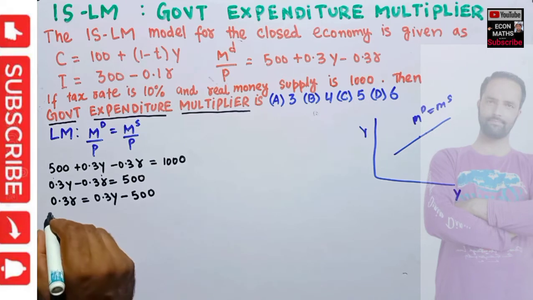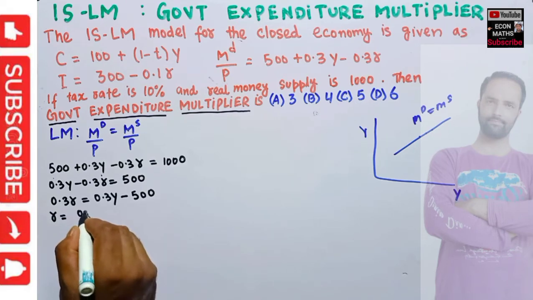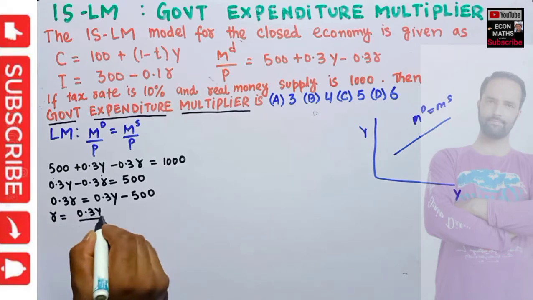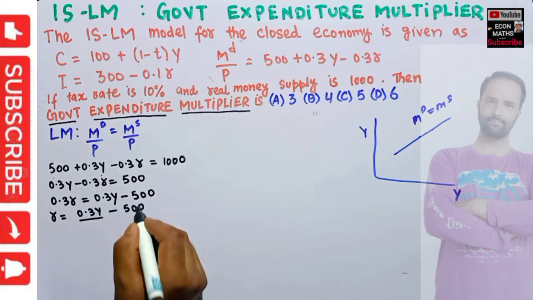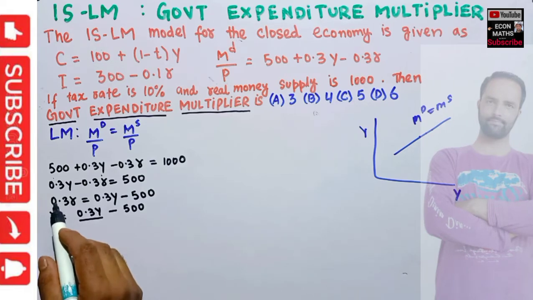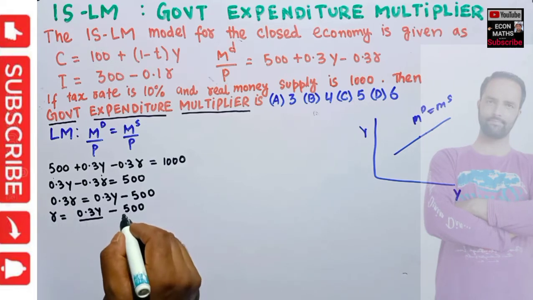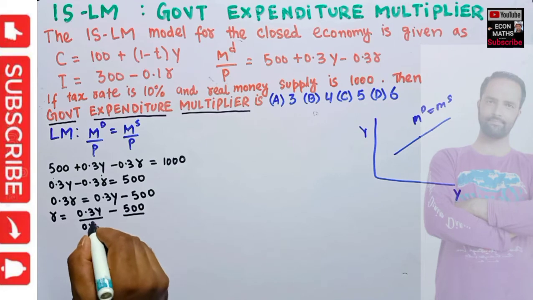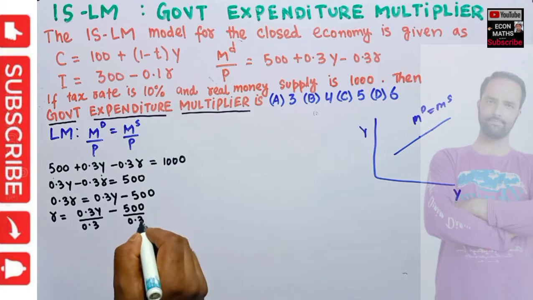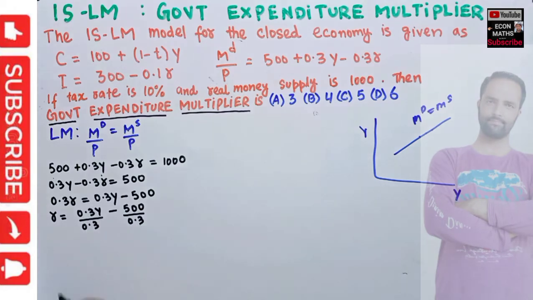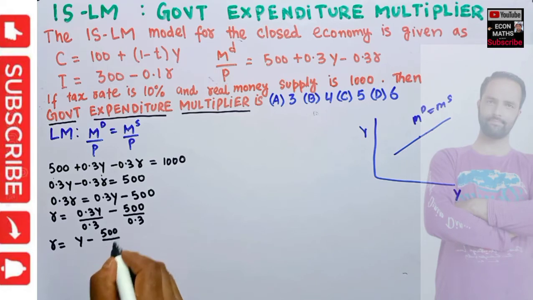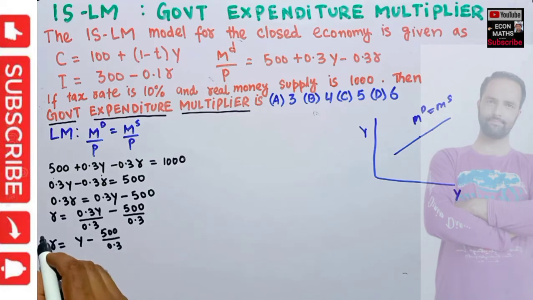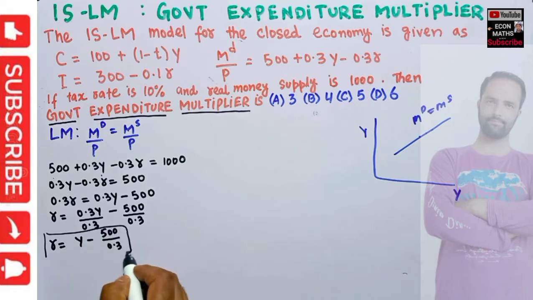That means our r will be equal to 0.3Y minus 500, and dividing each of these terms by 0.3, the 0.3 gets cancelled. We are left with r equal to Y minus 500 upon 0.3.